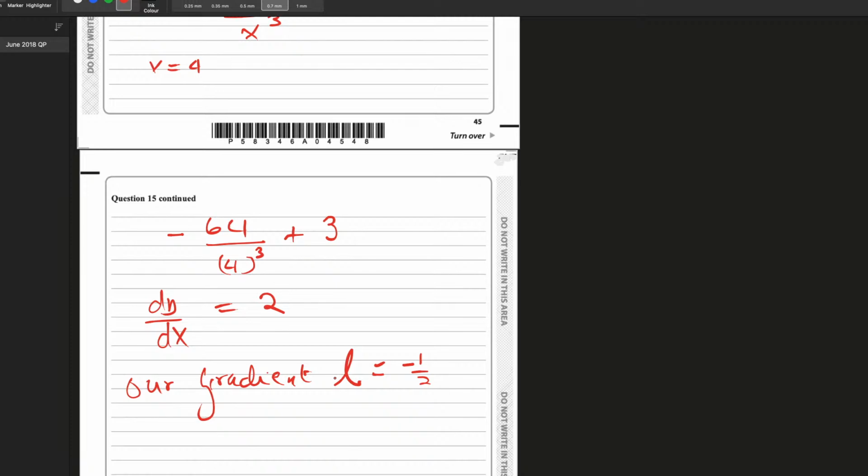So therefore our equation becomes y equals negative half x plus c.